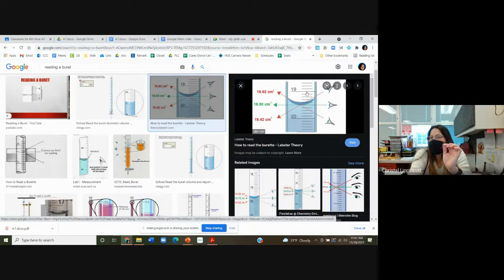So this is 19. This is 19.1, 19.2, 19.3, 19.4, 19.5. You can be partway in between. So let's say that you're right here. That would be 19.05.